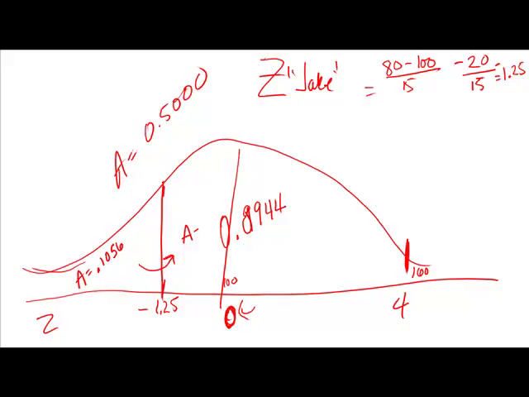Now, we can do a lot more with this concept of z-scores if we add in probability. So let's think about it this way. If I received 144, and I'm just going to round up to 145 for math's sake.